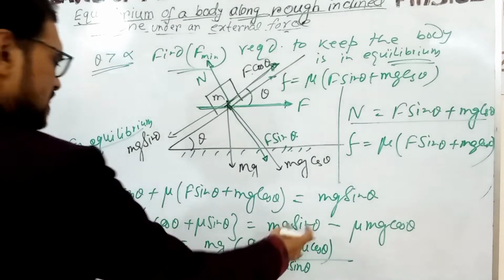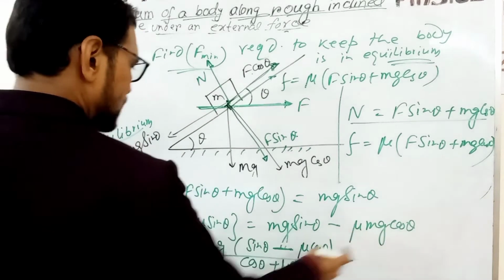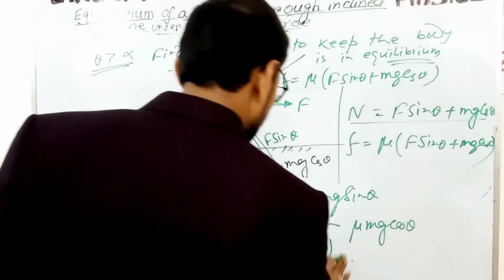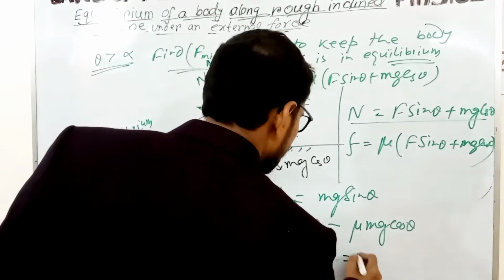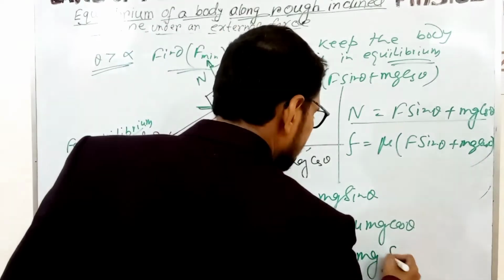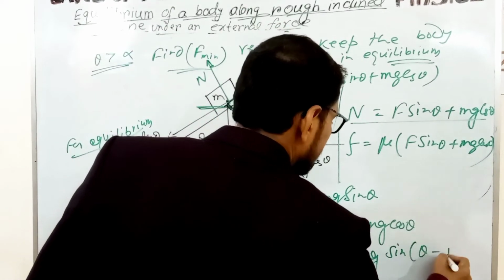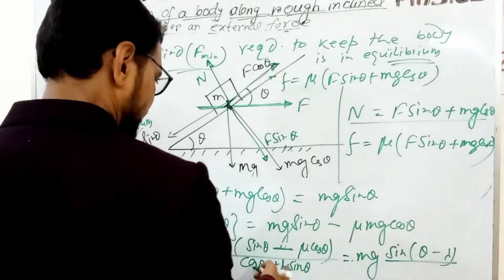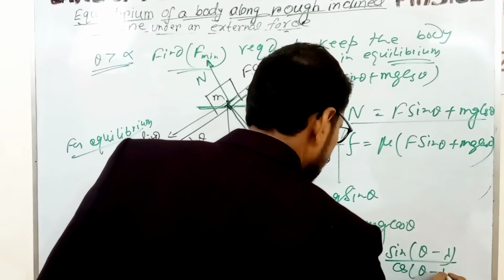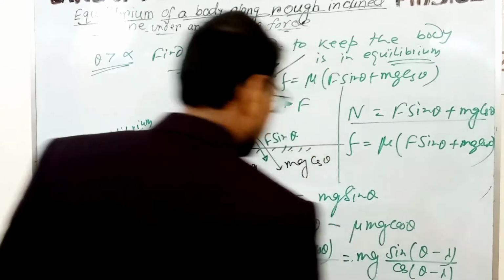So F equal to mg common, F equal to this by this: sin theta minus mu cos theta by cos theta plus mu sin theta. Now if we put mu equal to tan lambda, we get sin theta minus lambda by cos theta minus lambda.